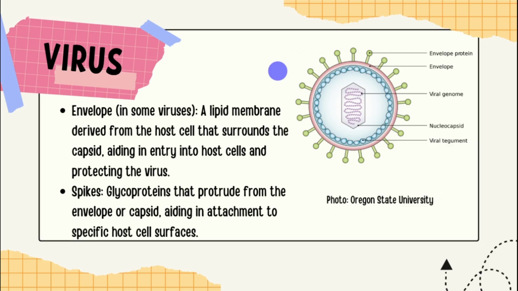So if you really look at it, the envelope is made up of a lipid membrane that is derived from the host cell and surrounds the capsid, and basically it helps it to enter host cells. So this envelope is meant to secure the contents of the virus, if we're being specific.